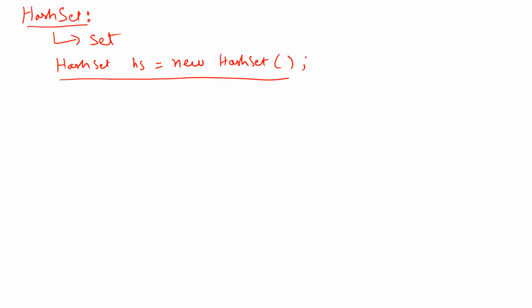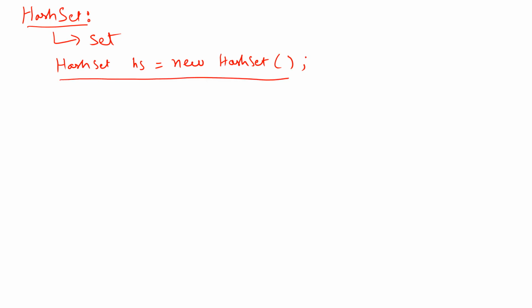So how do we define a hash set? A hash set is defined just like any other list like array list or linked list. What we have to do is first write hash set and then give a name to this set. So let's say I am giving HS equals new hash set. So this is how we can declare a hash set.